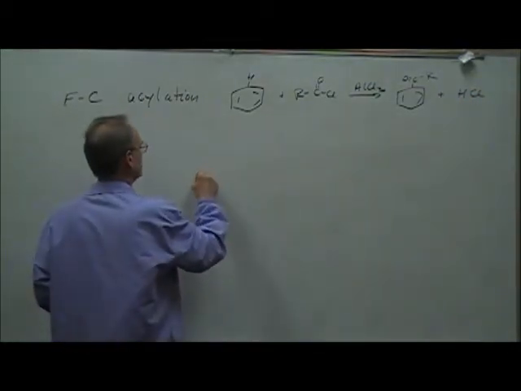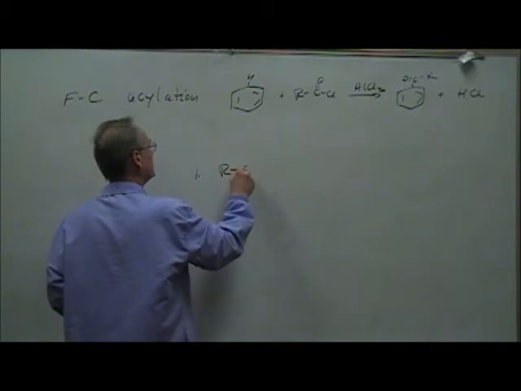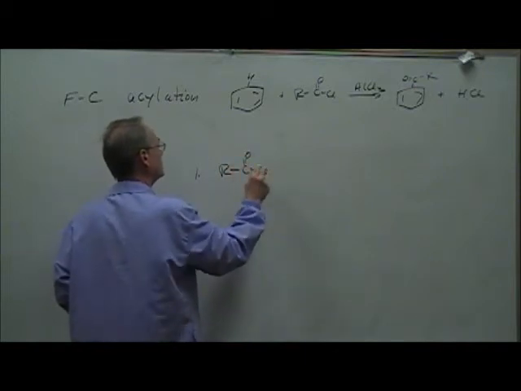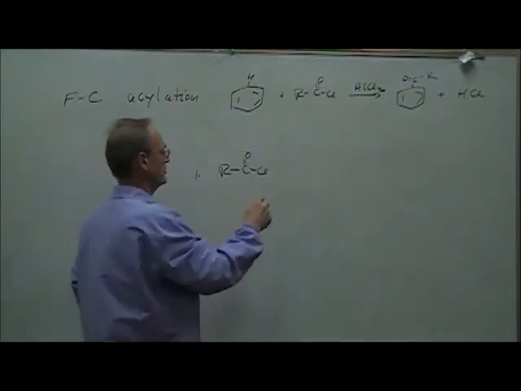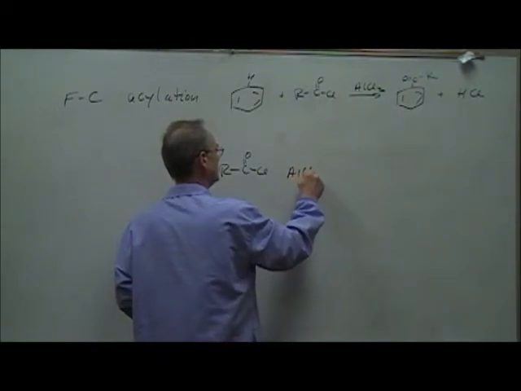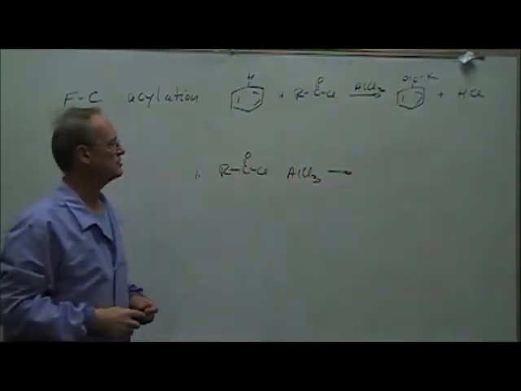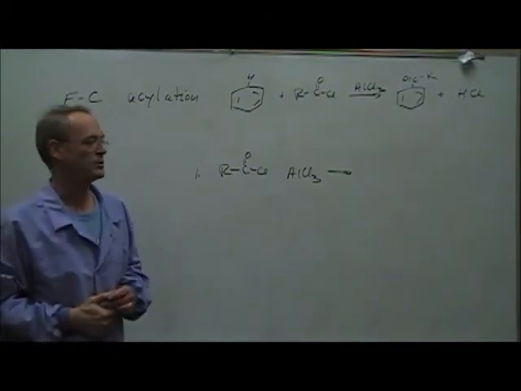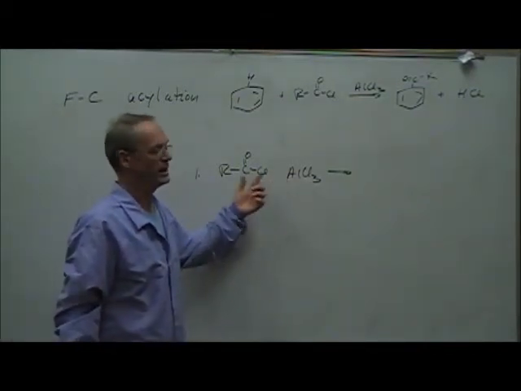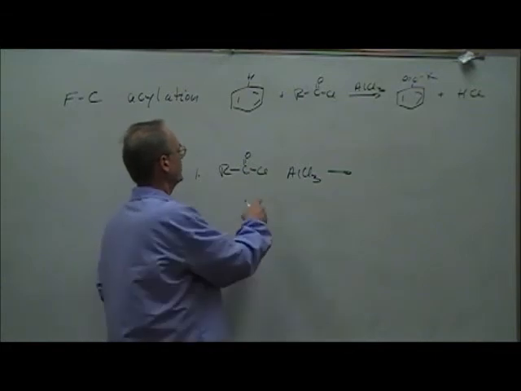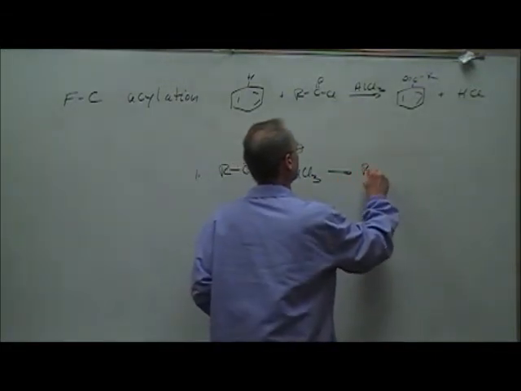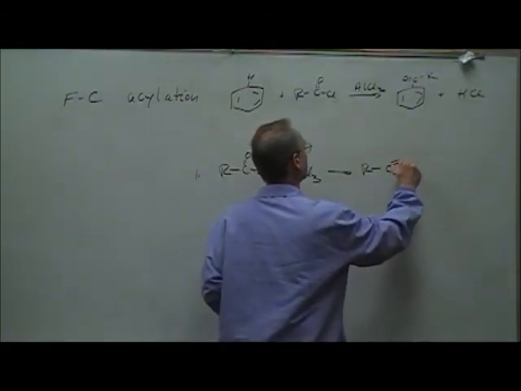And here's the mechanism. First step, the acyl chloride reacts with the aluminum trichloride in exactly the same way we saw in the previous mechanism, and also essentially the same way we saw with the FeCl3 reacting with Cl2 or Br2, and you end up with a positive charge on that carbon.